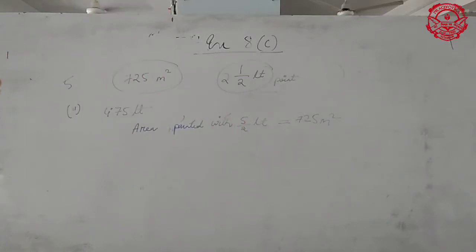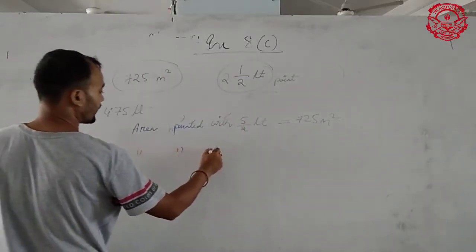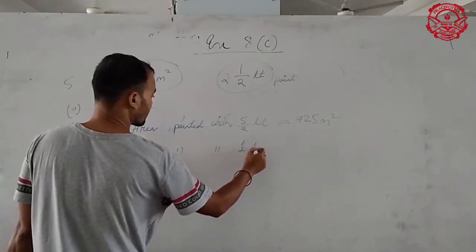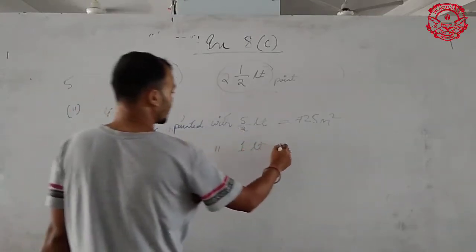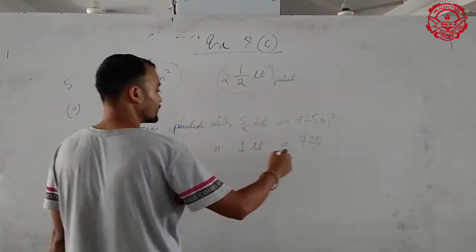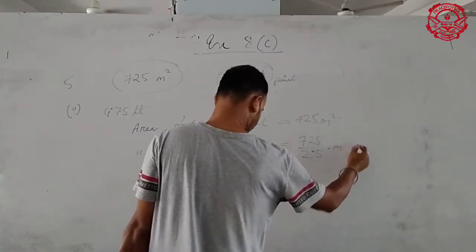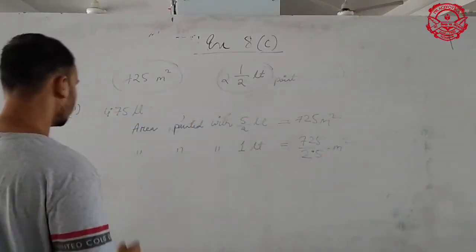Fine. Now you find area painted with 1 liter equal to 725, you do divided by 2.5 meters square.